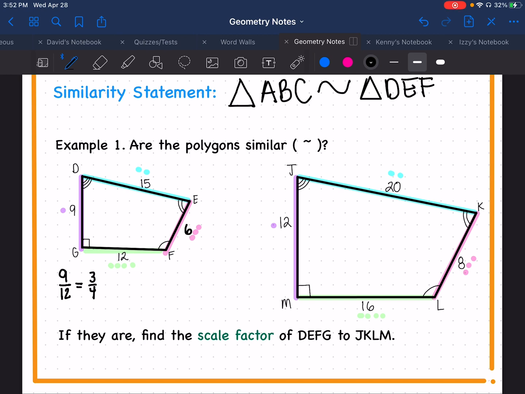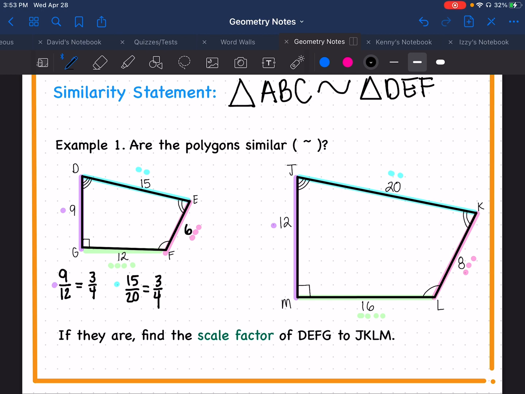So that was my purple one. Let me grab my marker. This was my purple one. Now I'm going to do the blue one, and I'm going to do 15 over 20. Once I have picked which shape is going to be my numerator, the top of my fraction, I cannot switch it. If I switch it, I'm going to end up giving the wrong answer one way or the other. But this reduces to 3 over 4 as well.